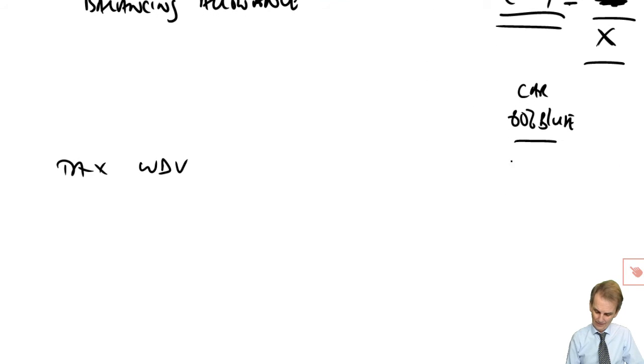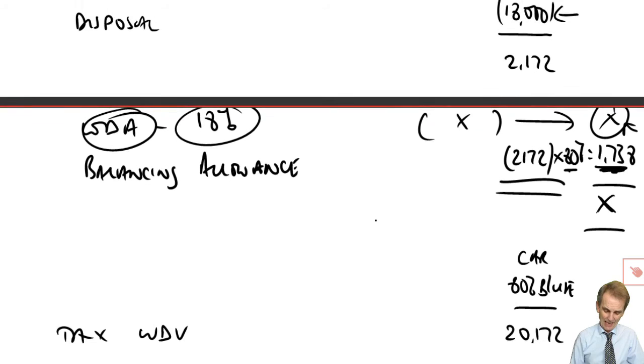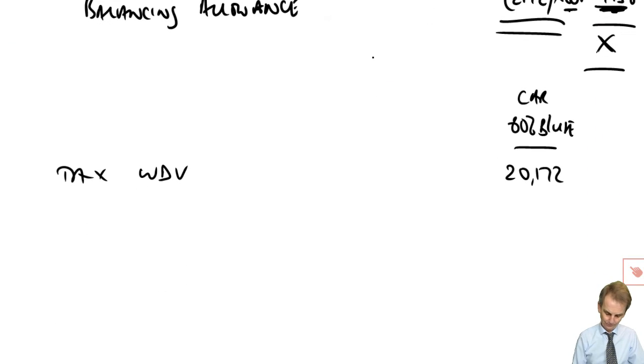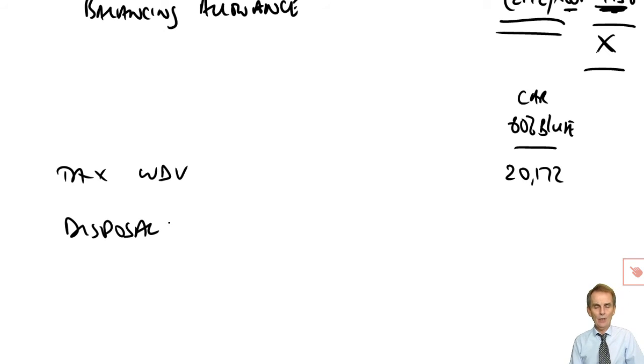£20,172. We then had the sale, the disposal. We sold for 25,000. Check. Are the sales proceeds less than the original cost? That was 30,000. Yes, they are.